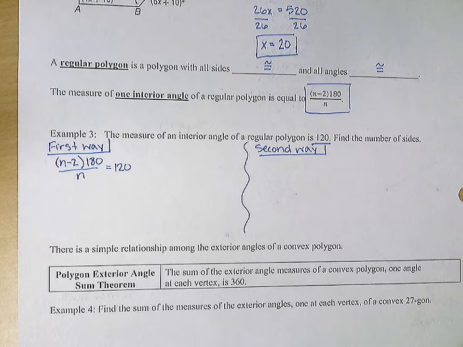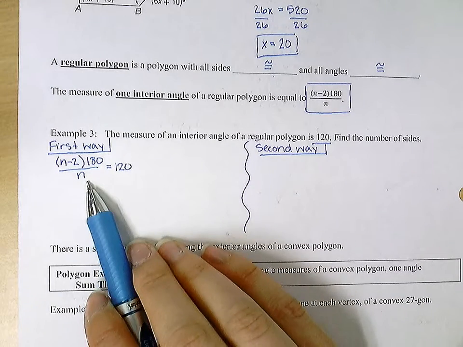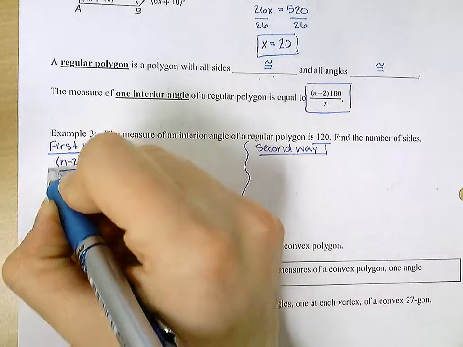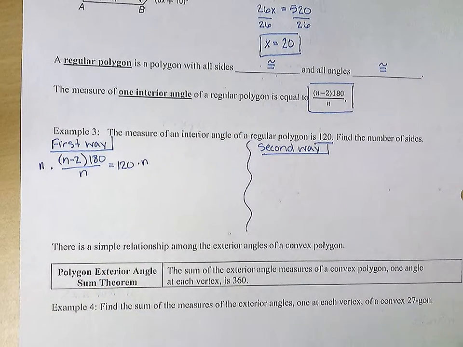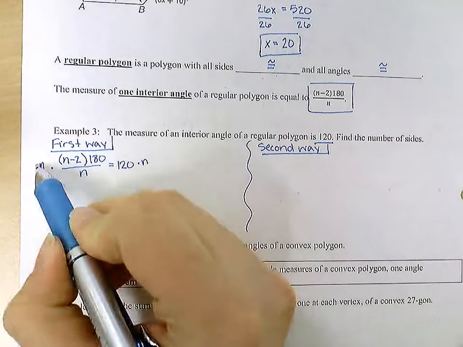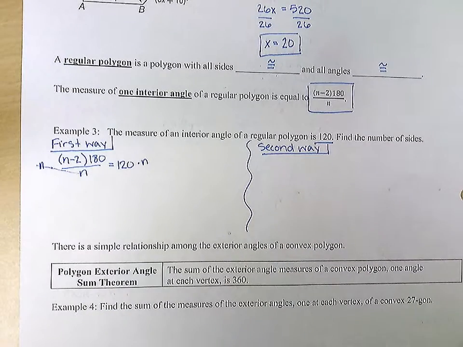From this point, I just want to solve for n. Okay, so in order to do that, I need that first n there on the bottom out of this denominator. So I'm going to multiply both sides by n so that they cancel on the left there.